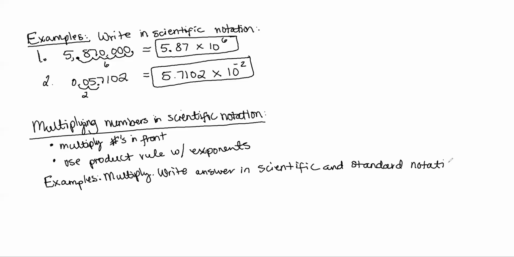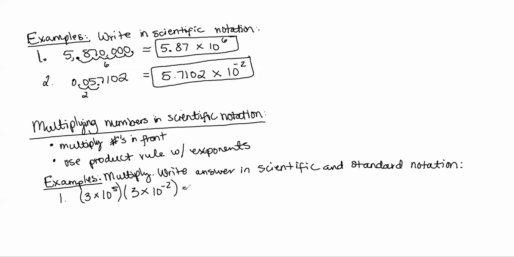So we're going to write it as an actual number, and we're going to condense it down and write it in scientific notation. So number 1, well, again, we'll just do a couple of these. Let's go ahead and do 3 times 10 to the 5th, in parentheses, times 3 times 10 to the -2nd.